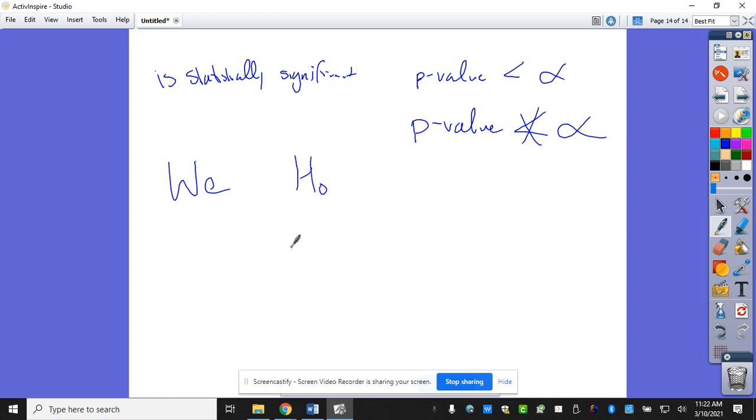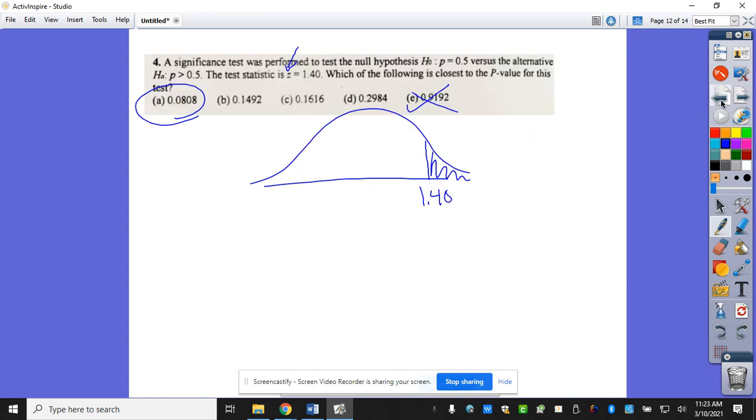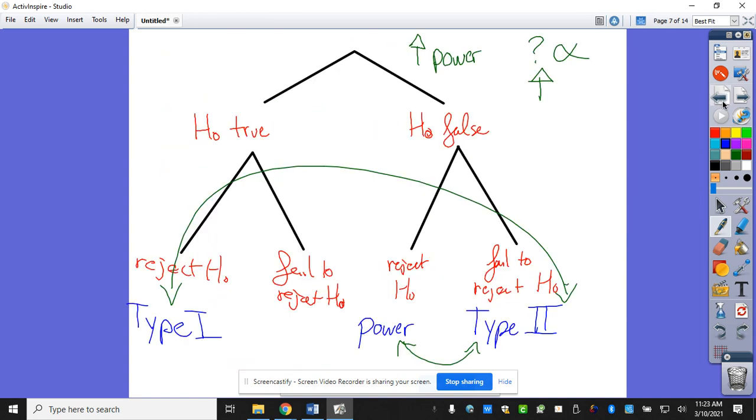What goes here? Which was the null hypothesis? Which error was it where we failed to reject? We failed to reject: type 2.